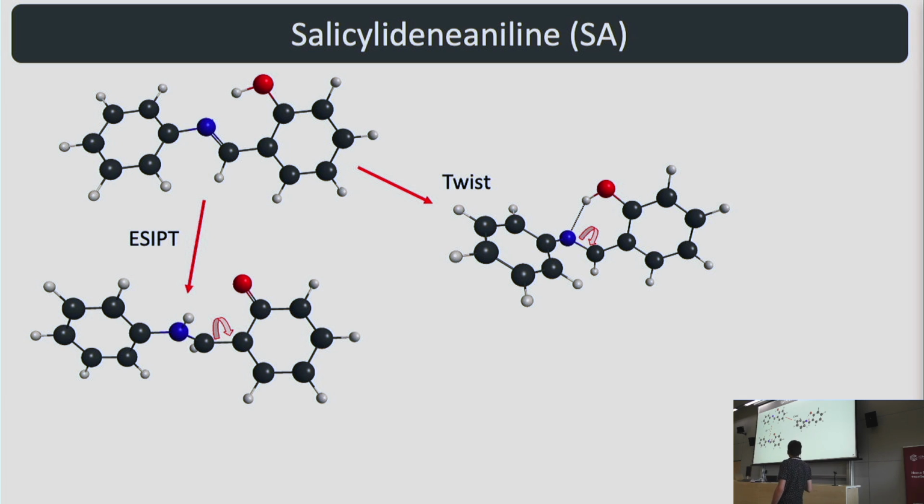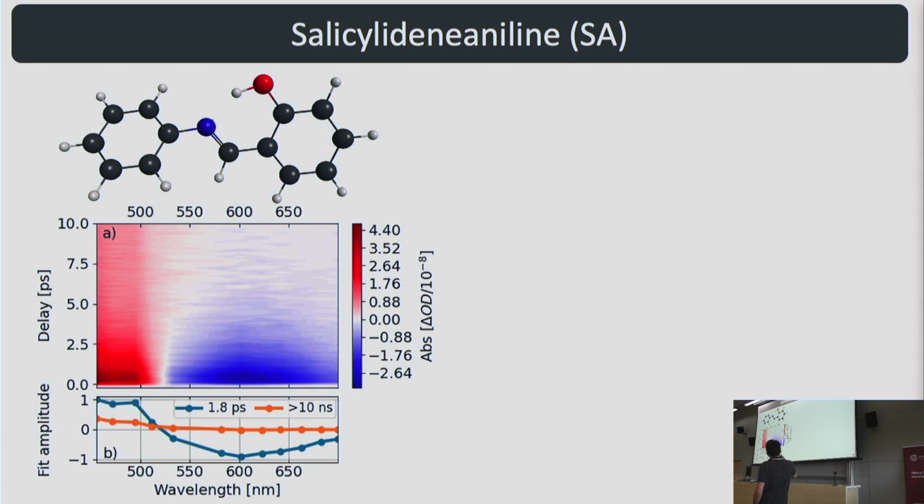People have been trying to figure out what's going on for quite a while in many different systems. This is one of the simpler systems where this kind of effect is thought to occur. The way you study this is you do pump-probe spectroscopy or transient absorption spectroscopy. So you have two pulses, you have a delay between pulses, and then you measure the probe absorption, the absorption of the second pulse, as a function of the delay. The reason you do this is that after you excite this molecule, the spectrum changes.